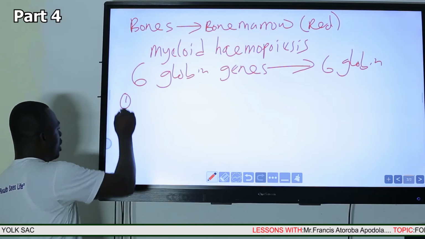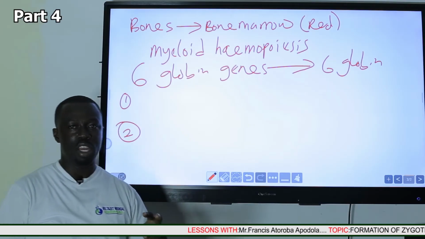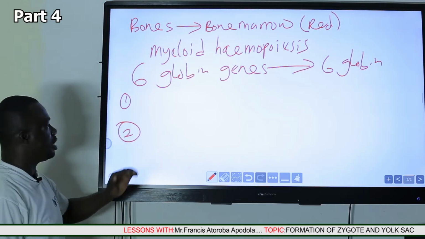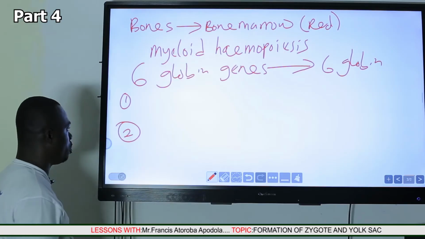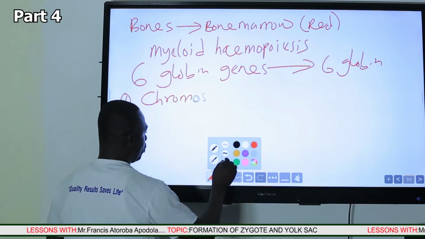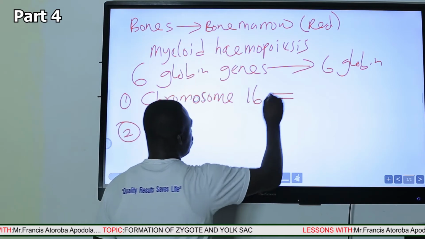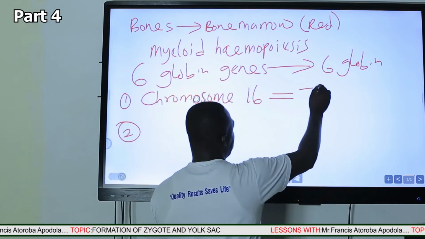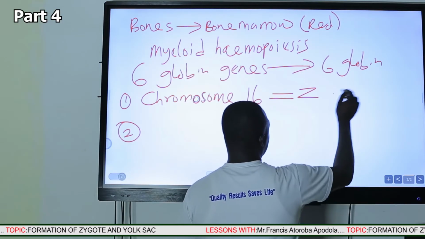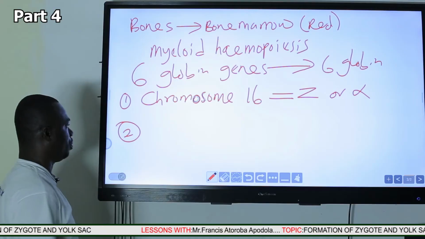These 6 globin genes are located in 2 separate chromosomes. Remember that genes are located in chromosomes. The first is chromosome 16, where we find the zeta and the alpha globin genes.